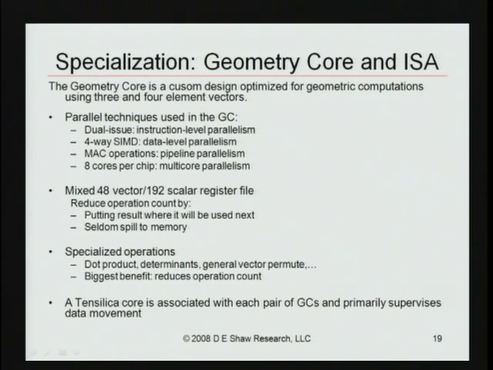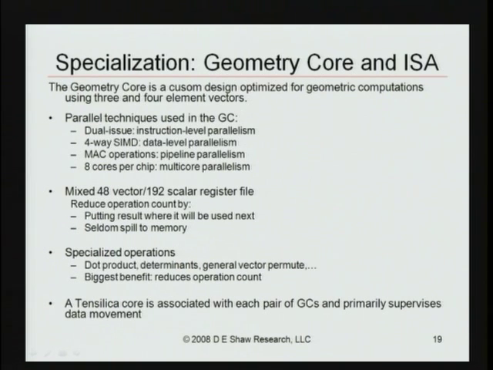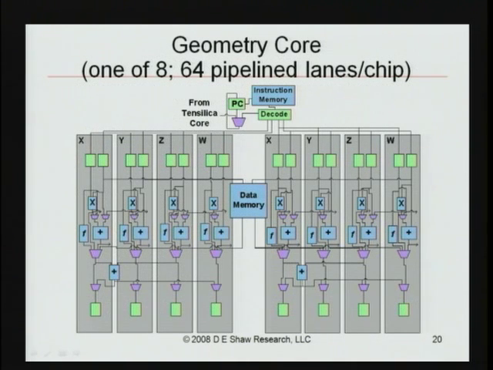We've also optimized the geometry core's instruction set specifically for performing the type of operations we need to do, and you can look at the details in your handout. There's a little bit more detailed view of the geometry core, and as you see, each one has got 8 lanes of computation and a large register file, and can perform computations on 2 4-element vectors per clock.